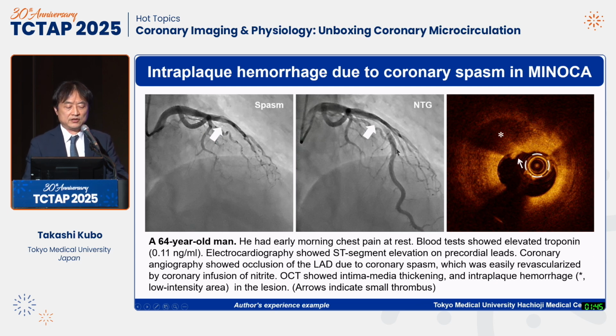And in this case, a 64-year-old man, there is no significant stenosis, but OCT demonstrated intraplaque hemorrhage and an intimal bump suggesting a lesion. And we performed the provocation test. There is a spasm in mid-LAD.